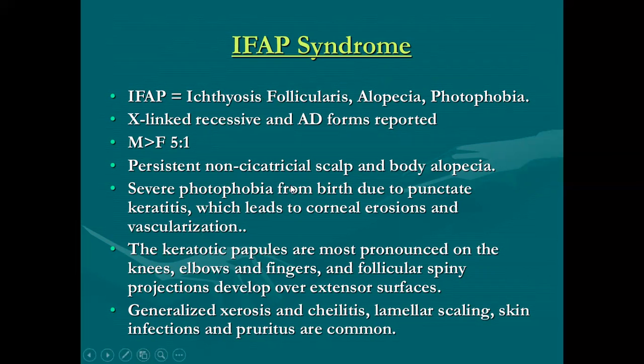It presents as non-cicatricial alopecia of body and scalp hairs and photophobia due to punctate keratitis and corneal erosions. And there will be keratotic papules because of ichthyosis follicularis that would be prominent on knees, elbows, and fingers. Generalized xerosis and cheilitis may also be seen, and pruritus is common.